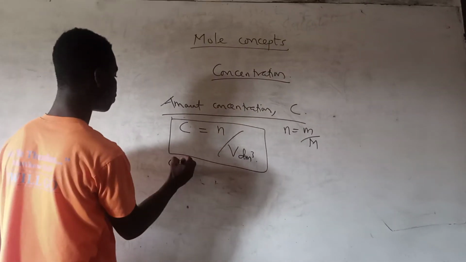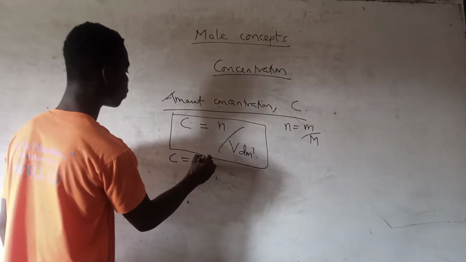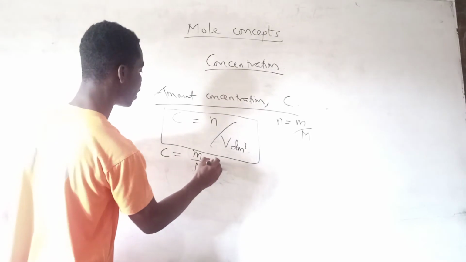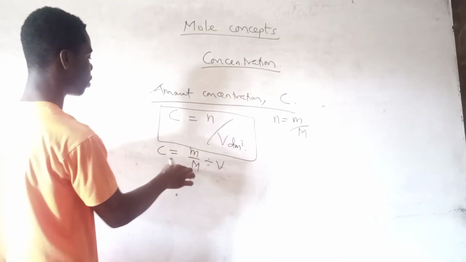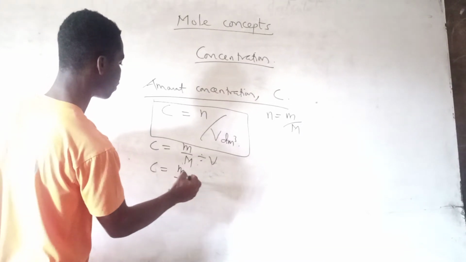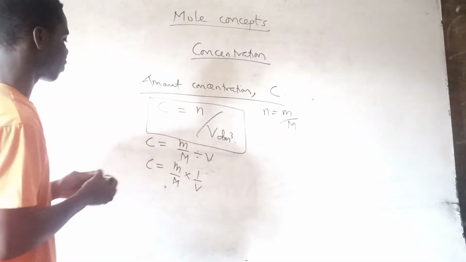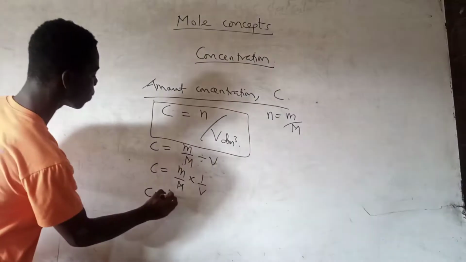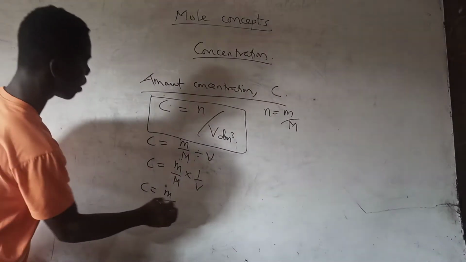So the amount concentration is equal to mass over molar mass divided by volume. So concentration is equal to mass over molar mass times 1 over V. So C is equal to m over MV.